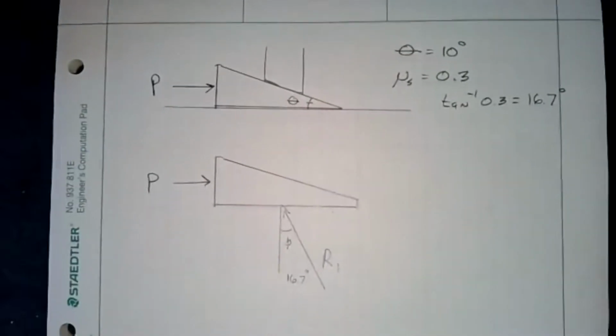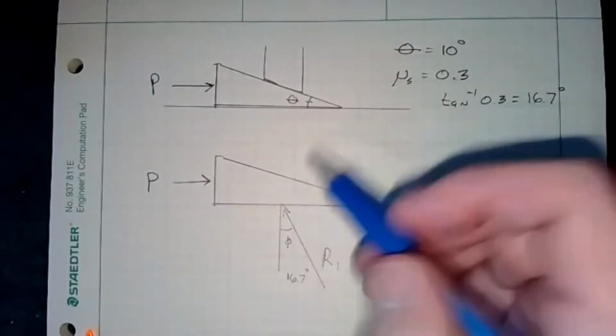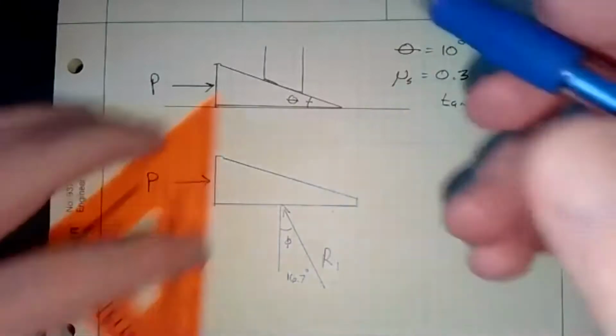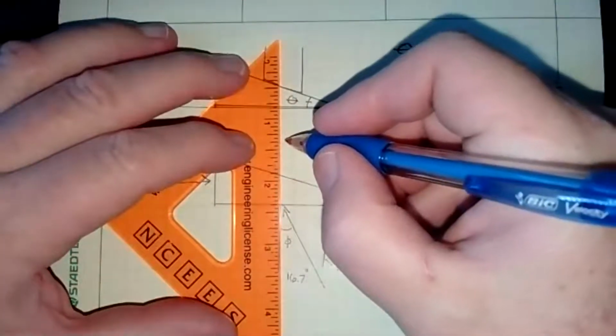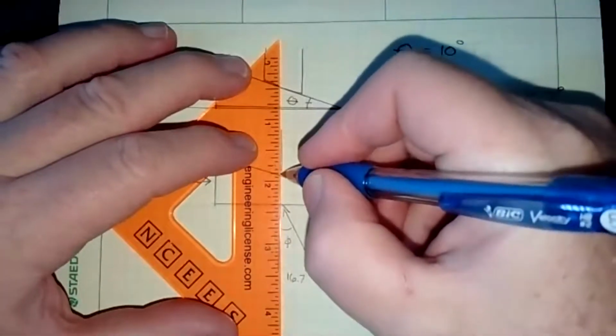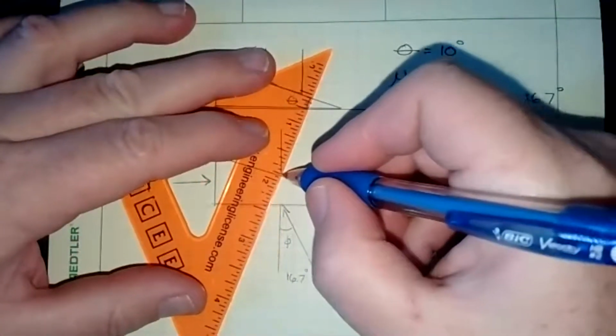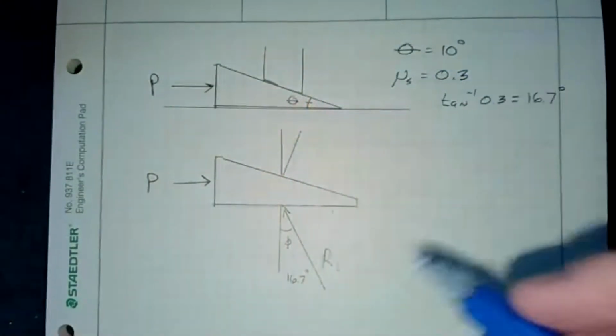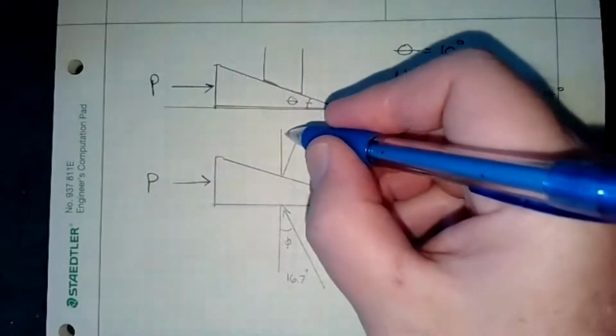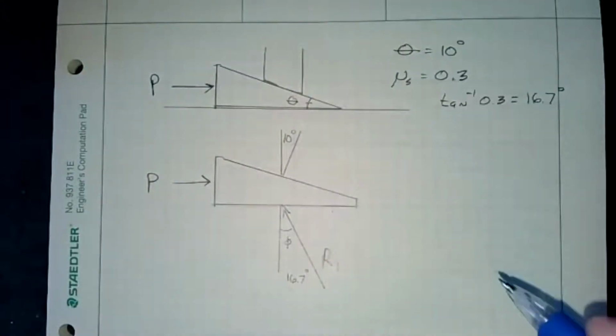Now, the same idea holds true up here, but the fact is that this wedge also has an angle. So if we draw first a vertical line, and then we draw a line like that, this represents the 10 degrees.